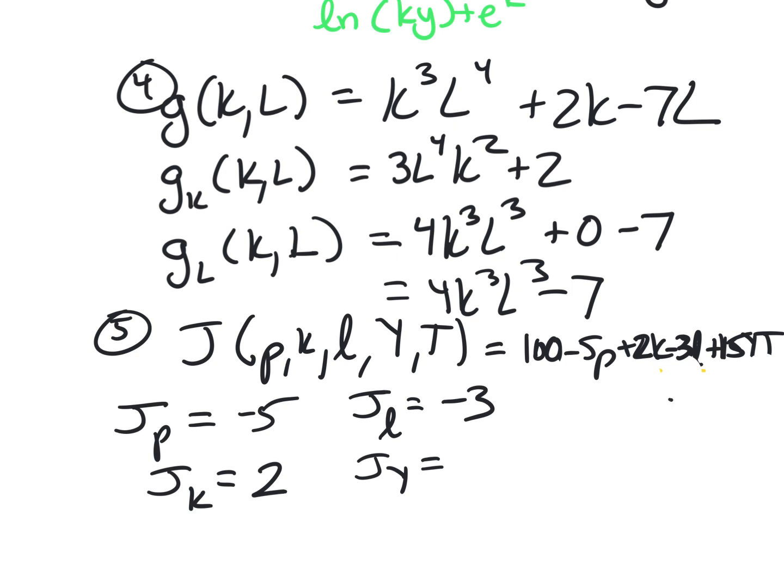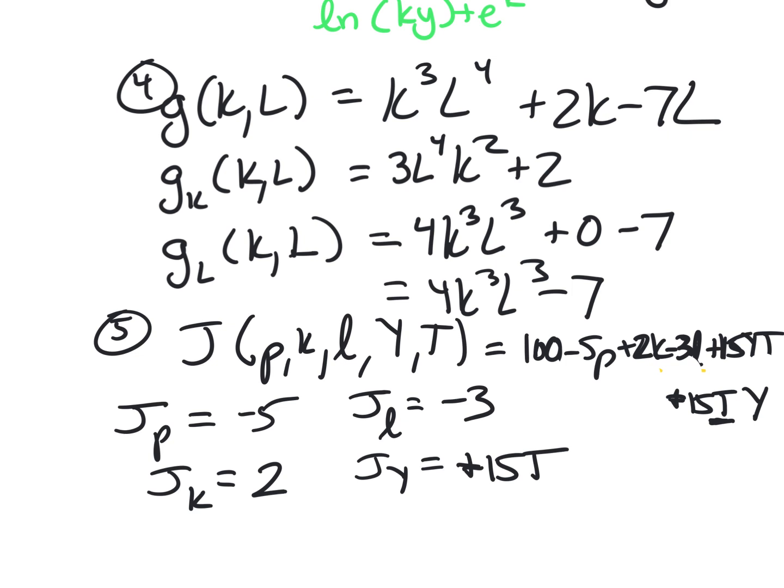So think of 15ty. Again, this here is just a number. So the derivative will just be 15t, the number in front. Not negative, sorry, it's positive. Why in the world I'm doing negative, I don't know. So positive 15t, you don't have to put the positive.